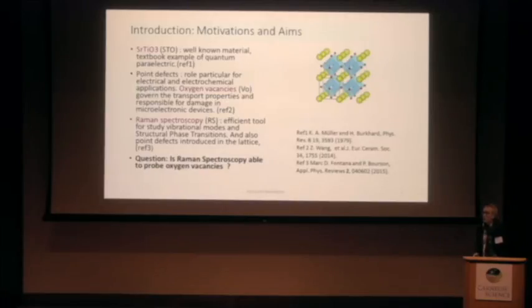It's also important for doped strontium titanate, as we have seen just two talks before. And Raman spectroscopy, which is an efficient tool to study phase transition. So the main question of my talk is: is Raman spectroscopy able to probe oxygen vacancies?